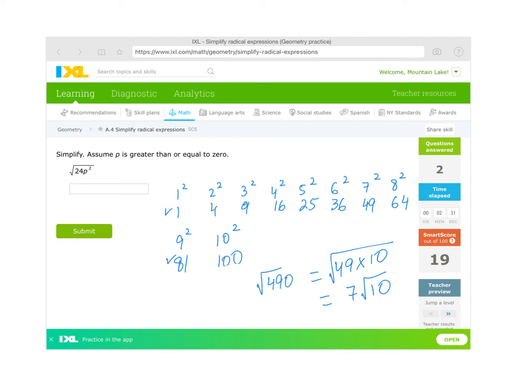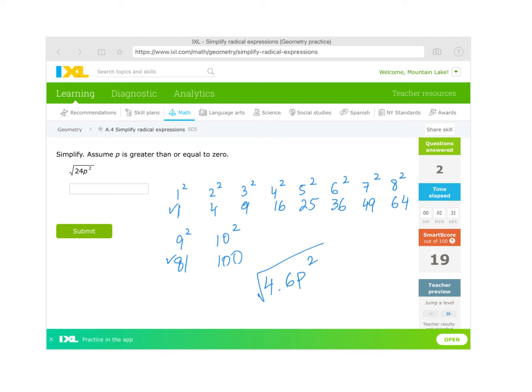Let's try this one really quick. 24 p squared. And remember to use the numbers in this list that are stated up here, because these will help you. Try to use a number from here. So 24 can be broken as 1 times 24, 2 times 12, 4 times 6. We'll use 4 times 6 because I can easily find the square root of 4.